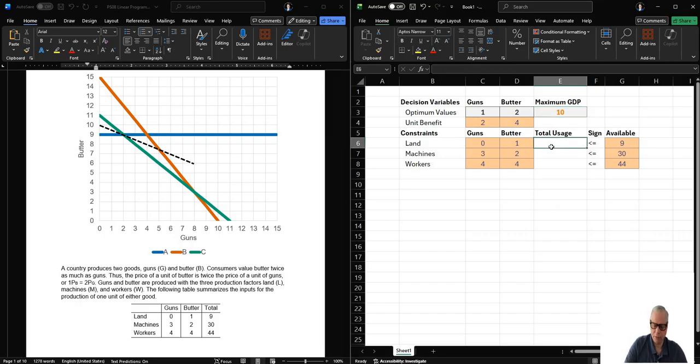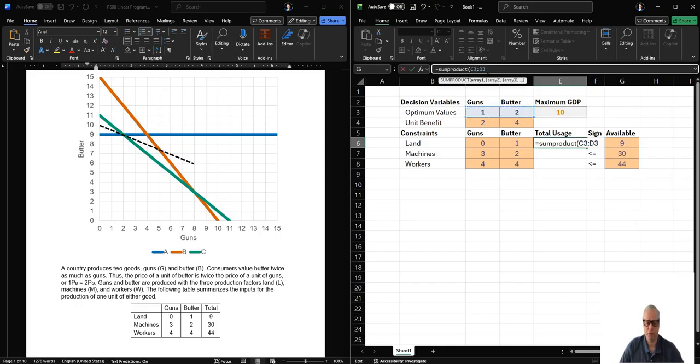But then I need 3 more calculations for the total usage. So that is equal to, and again, sum product. And I take this, but now because I want to copy down that formula, I fix that.